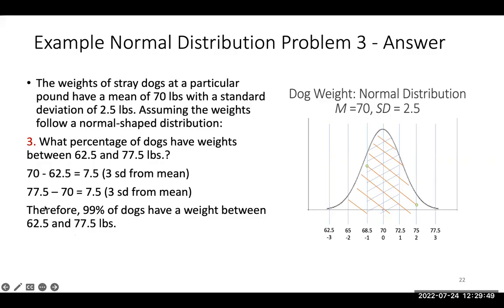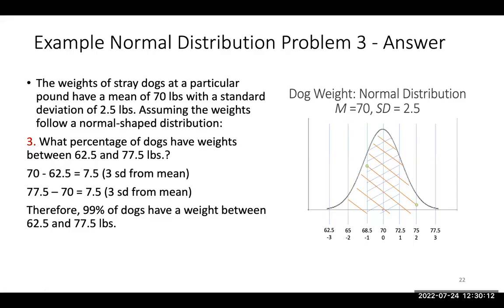It might not be about the middle. So I could ask, what weight range is 1 standard deviation below the mean to 2 standard deviations above the mean? So 1 standard deviation below would be 68.5. 2 standard deviations above would be 75. So the range would be 68.5 and 75 pounds. Now I could ask you percentages.